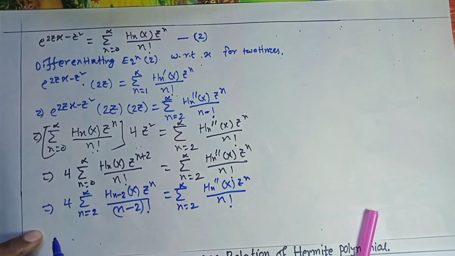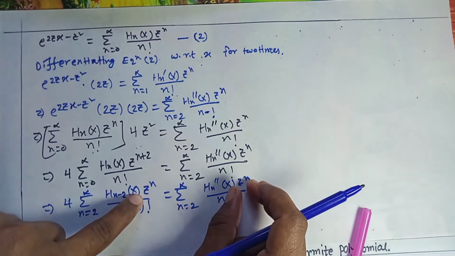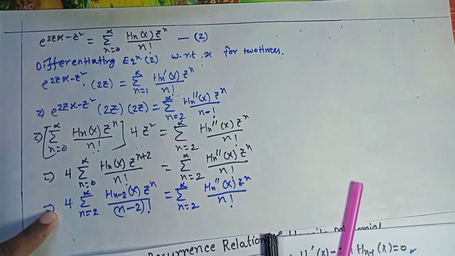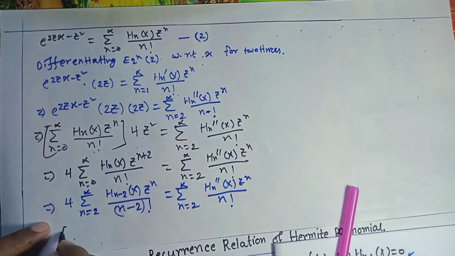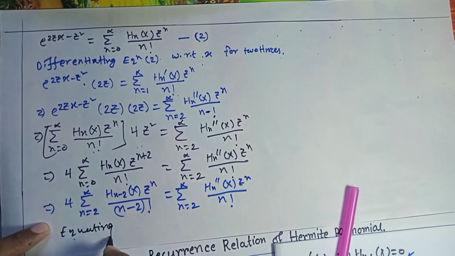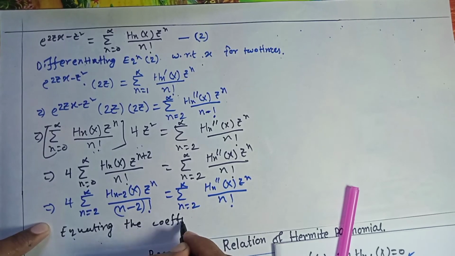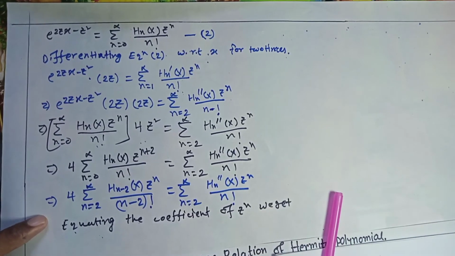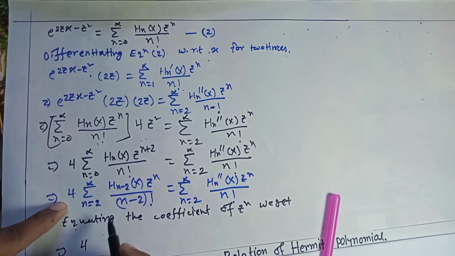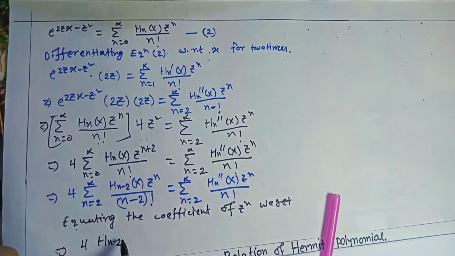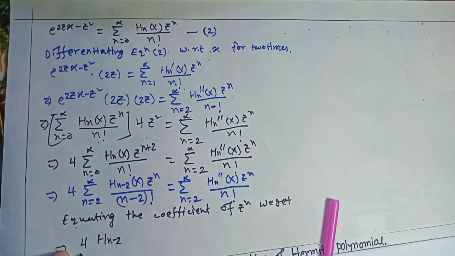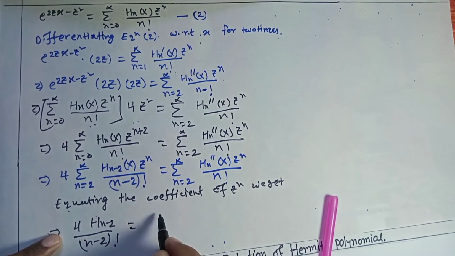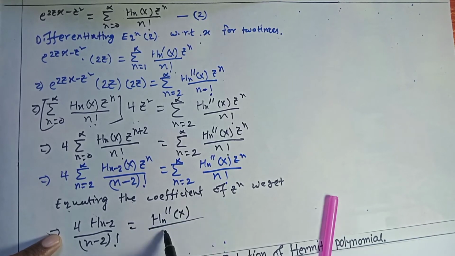Then if we equate the coefficient of z to the power n, we get 4 into Sn minus 2 divided by n minus 2 factorial is equal to Sn double dash of x divided by n factorial.